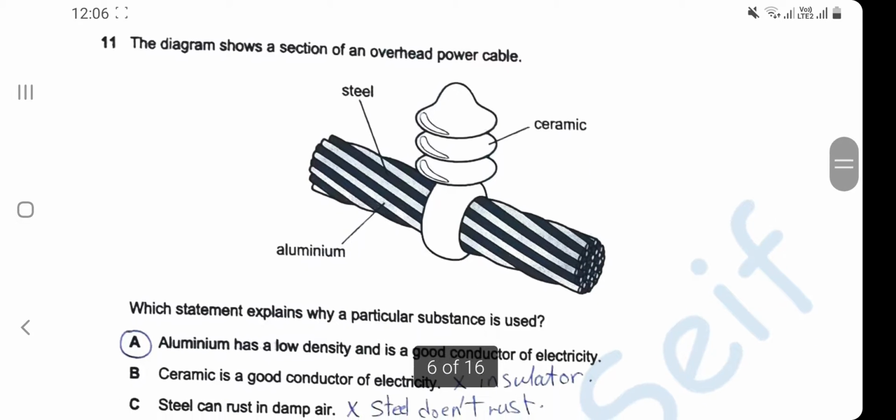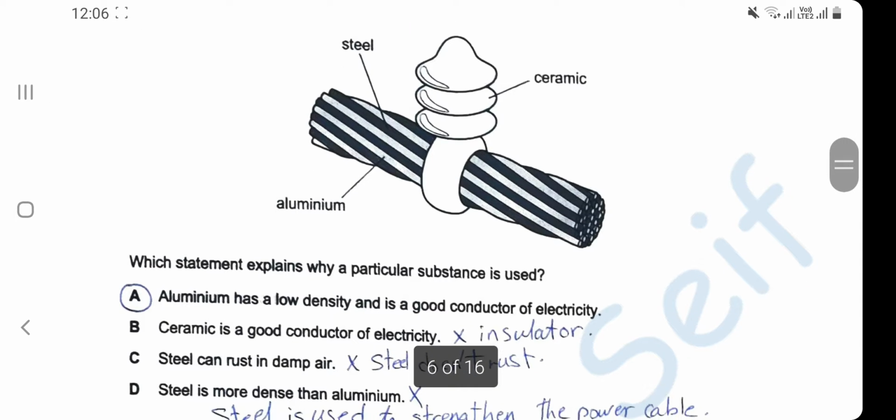The diagram shows a section of the overhead power cable. This photo is very familiar in Cambridge exams, and you have to know the function of each part here. Ceramic is used as an insulator, and aluminium is used because it is a good conductor of electricity and it is light, with low density, so it can be used for power cable.